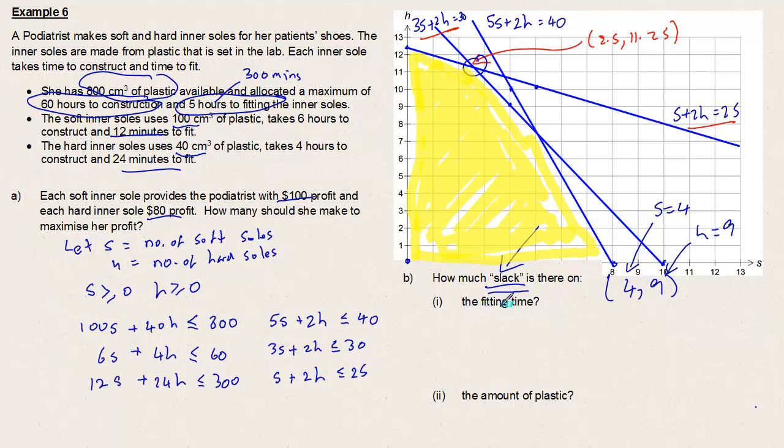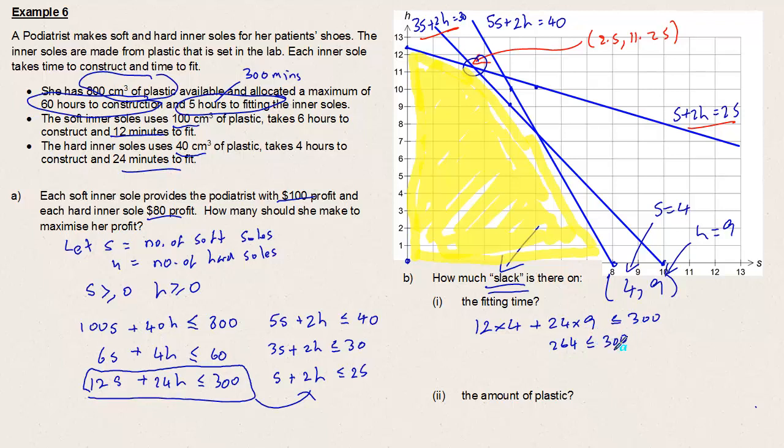If we look at the fitting time, this was the inequality for that, and we have to go to the original one, not the cancelled down one we used for plotting. So substitute in, and we've got 12 times 4, because S is 4, add 24 times 9, and that's less than or equal to 300. That gives us 264 is less than or equal to 300.